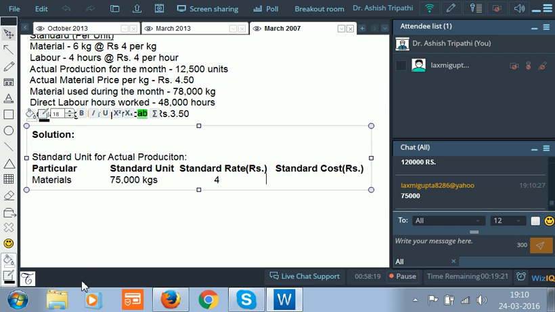Standard rate will be 4 per kg. So standard cost will be 75,000 into 4. Yes, 3 lakhs.